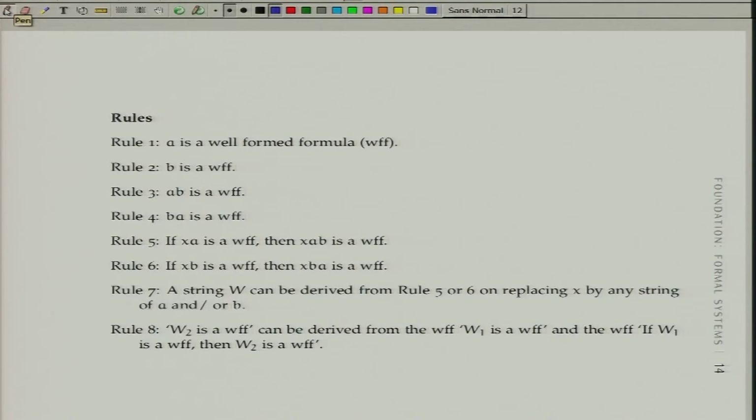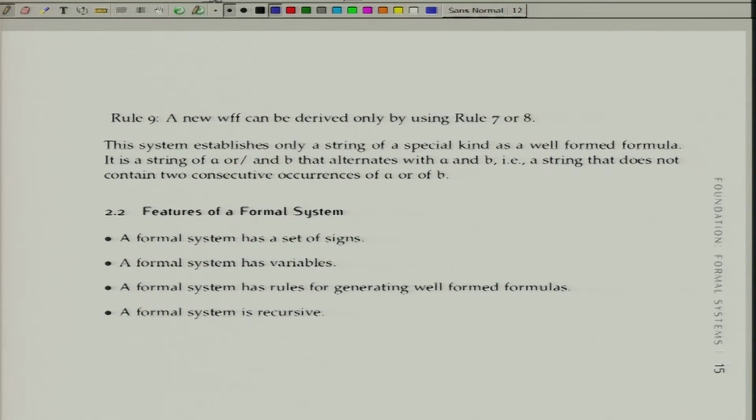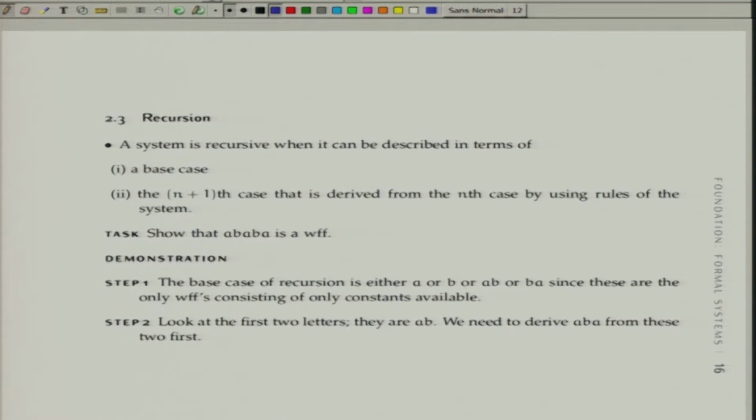Now we shall see how the system actually works. The fourth feature of a formal system I mentioned was recursion. Almost every formal system is recursive. Recursion is the very key to any formal system. After we understand recursion, we can understand how the formal system works.